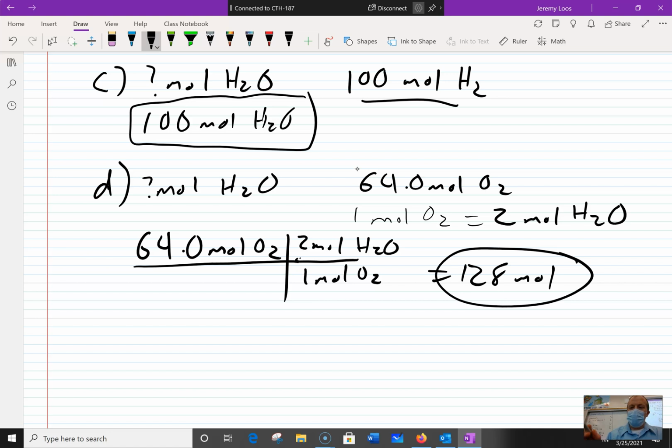Now, as I said, a lot of us may have been able to just figure that out without doing all this. There are a few advantages to dimensional analysis. Sometimes the ratios are a little bit trickier. Maybe you got a 3 to 2, maybe a 5 to 7, some trickier ratios that are harder to see. Sometimes people will mix it up. They'll divide by 2 here instead of multiplying by 2.